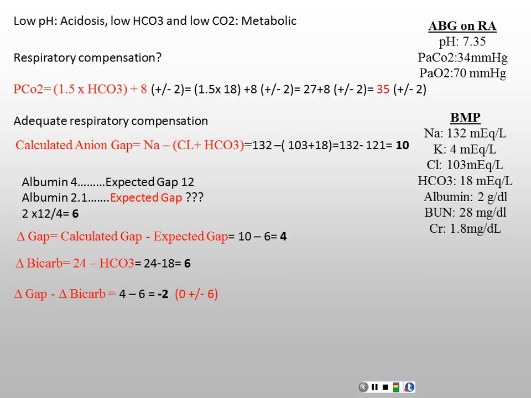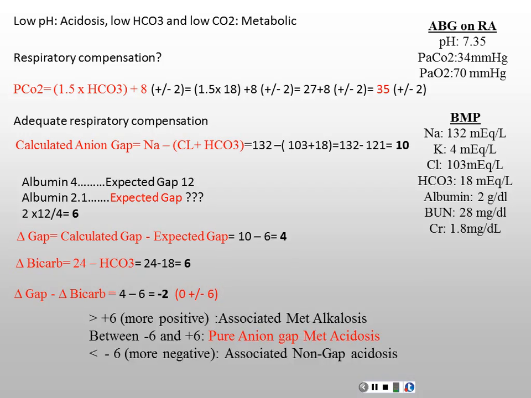When you do the minus, anywhere between minus 6 and plus 6 is normal. So 0 is normal, meaning that pure anion gap metabolic acidosis will range anywhere from minus 6 to plus 6. So this is where pure anion gap metabolic acidosis falls, and if your number is more than positive 6, this will indicate that you have associated metabolic alkalosis on top of your anion gap metabolic acidosis.